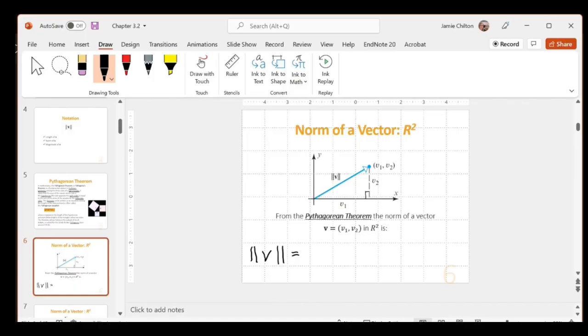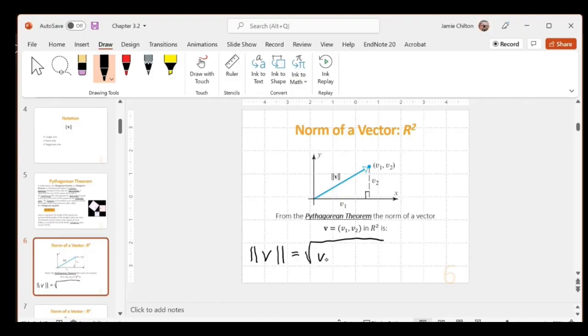So you're on the right track here with some of you saying, let's see, we've got V1 squared plus V2 squared. But we have to remember that if we're actually solving for the norm of V, what's one other extra thing that we have to make sure that we do? Don't forget, you have to take the square root of the whole thing to actually get the answer.